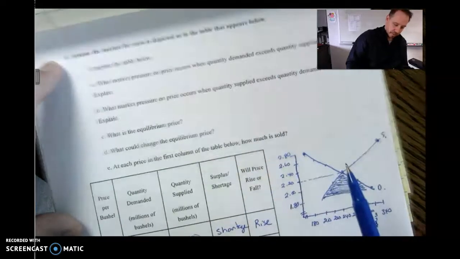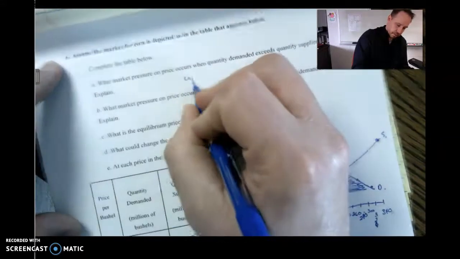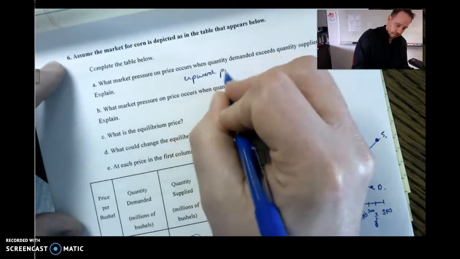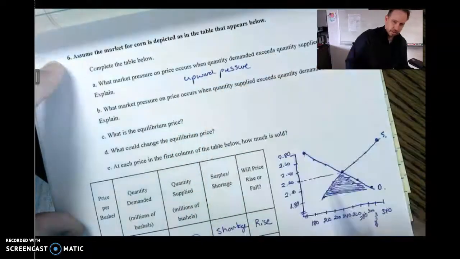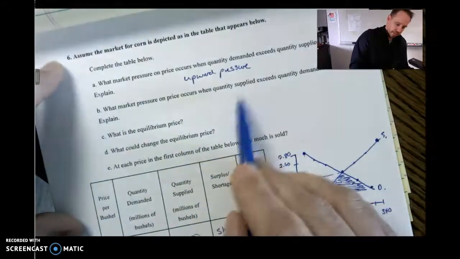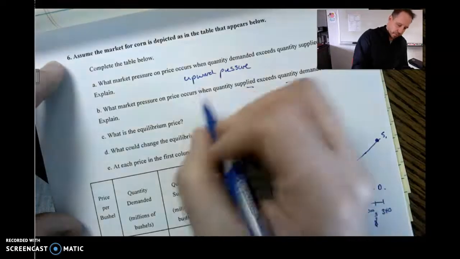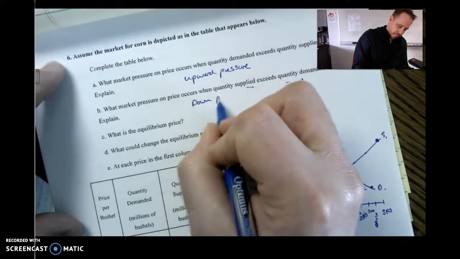When the quantity demanded is higher than the supply, that puts upward pressure on price. It pushes the value of those goods and services up. And when supply is greater than demand, we are going to see downward pressure.